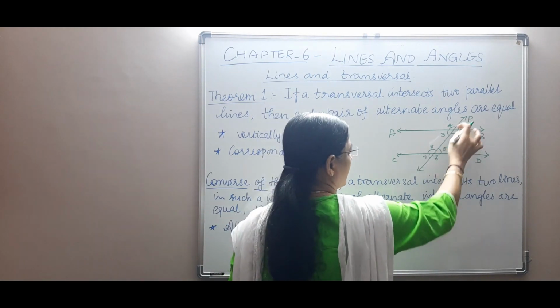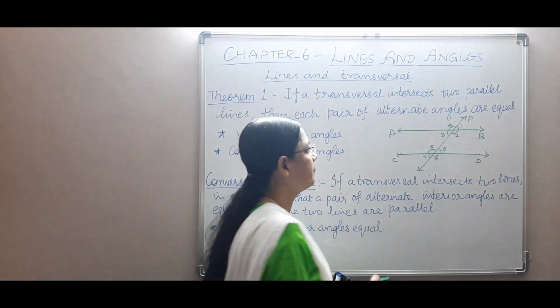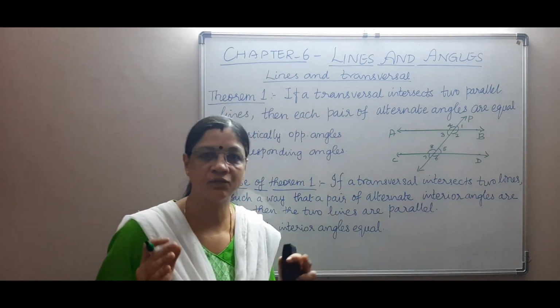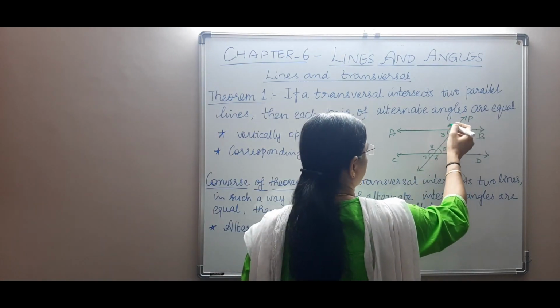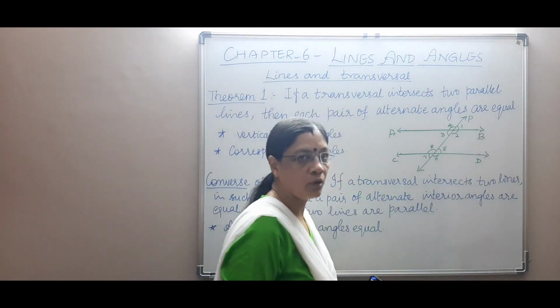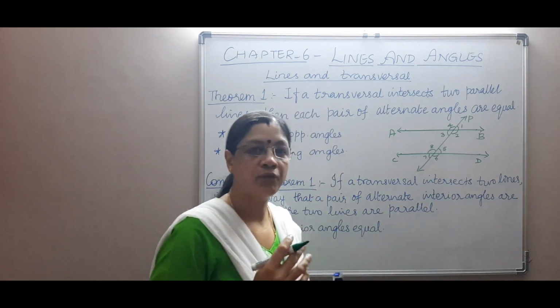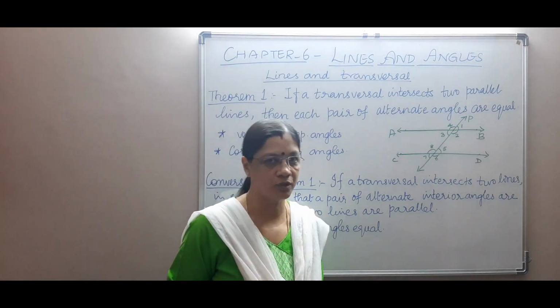So the similar angles 1 and 5 are called corresponding angles and they are equal. And we also saw in the intersecting lines that vertically opposite angles are equal. See, 1 and 3 are equal, 2 and 4 are equal. Likewise 5 and 7, and 6 and 8. 5 and 7 are equal and 6 and 8 are equal because they are vertically opposite angles.